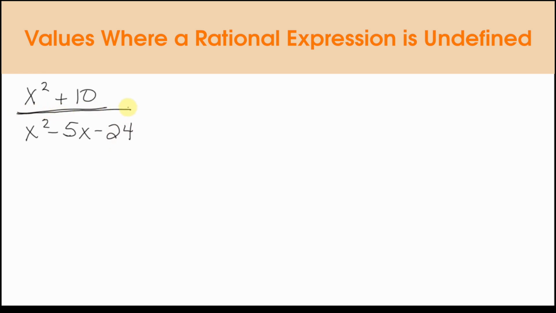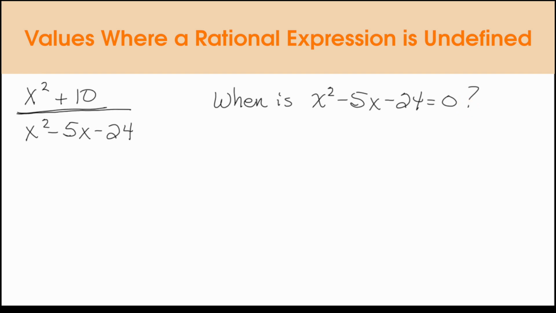We don't have to worry about the numerator, it's the denominator. So our question is, when is x squared minus 5x minus 24 equal to 0? Whenever that's equal to 0, that is the x where this rational expression is not defined. So we want to factor.